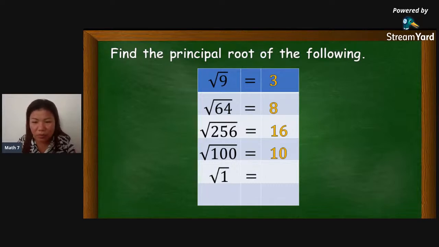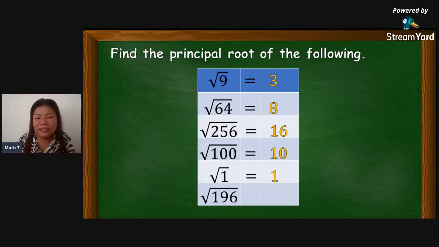Napakadali. Square root of 1. Okay, very good. That is 1. Last, square root of 196. Ulitin ko ha. Square root of 196.